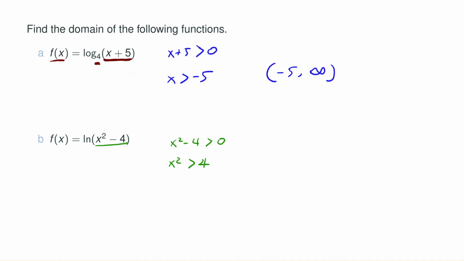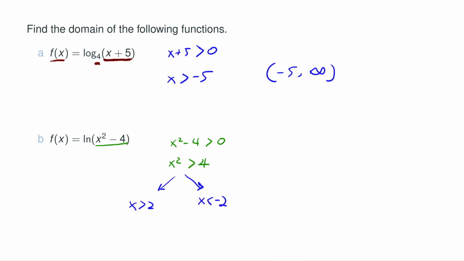Here we actually have two cases. When is x squared greater than 4? First, when x is greater than 2. 2 squared is 4, so if I have 2.1 squared, for example, that's greater than 4. Or if I have 3, I get greater than 4. Also, we need x to be less than negative 2.